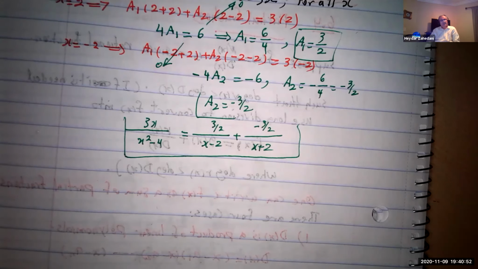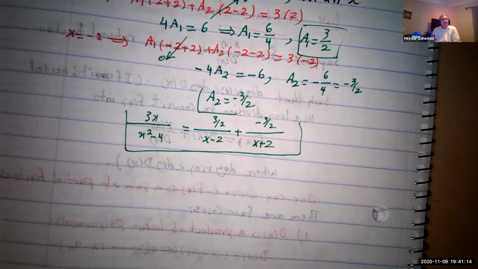Many applications. And there are some shortcuts to do it. I'll talk about it later, because I wanted to do the algebra. Otherwise, you can do it in a second, really, to get these numbers right away. But this is the way we are going to do it. Any question?